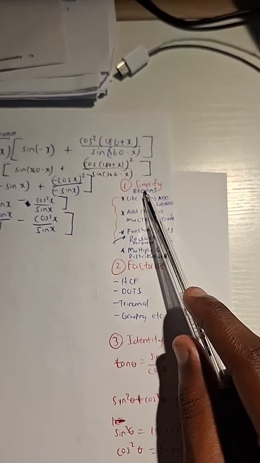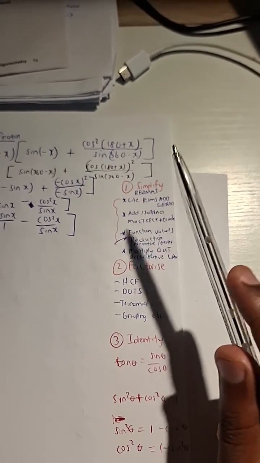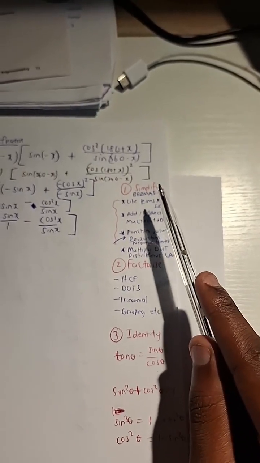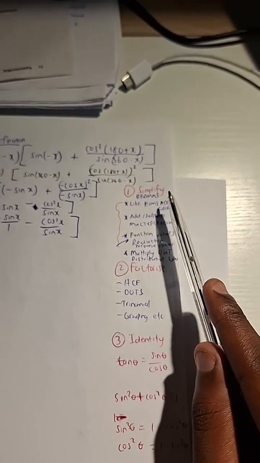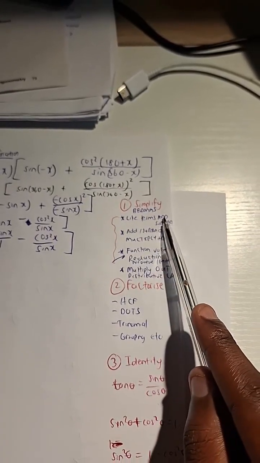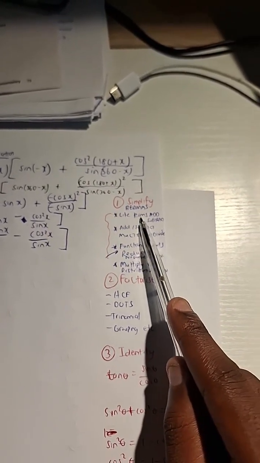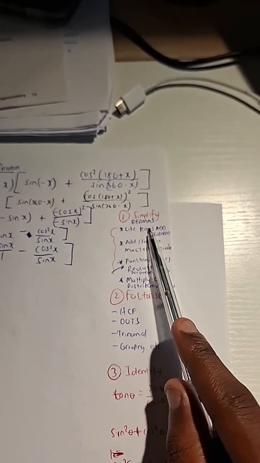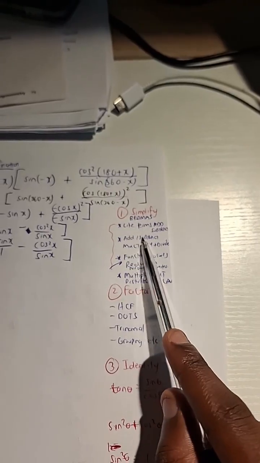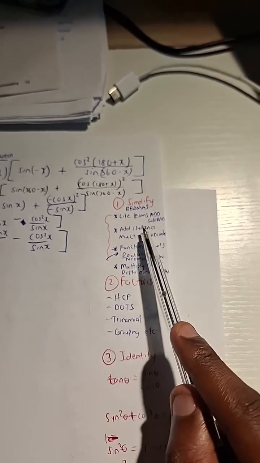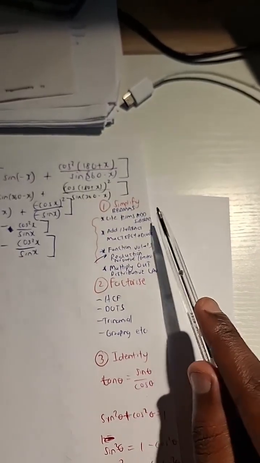Because with BODMAS, if there are brackets, that is your priority starting point. Exponents, division, multiplication. Now, multiplication and division may be of terms or whatever. Then addition and subtraction, hence we are talking about like terms, addition and subtraction of fractions, multiplication and division of those fractions. That's all under simplification.